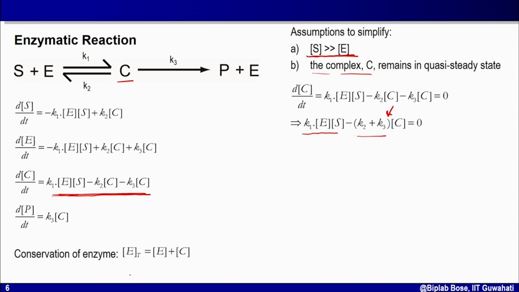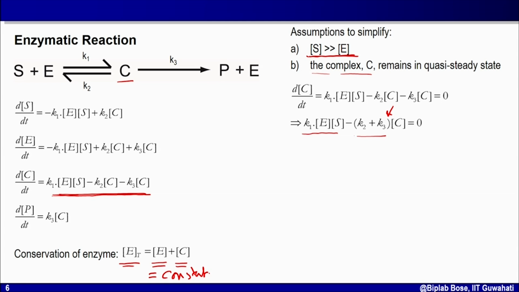Obviously the total enzyme is conserved here because there is no production or degradation of enzyme. So I can consider that the total enzyme ET remains conserved with time, and that is equal to free enzyme plus enzyme in the complex. Right? If I consider 1:1 stoichiometry, then the concentration of the complex is equivalent to the concentration of the enzyme sequestered in that, and I consider this whole thing as equal to constant.